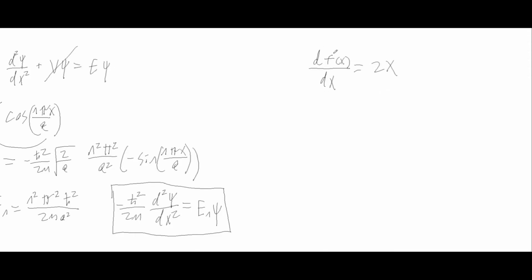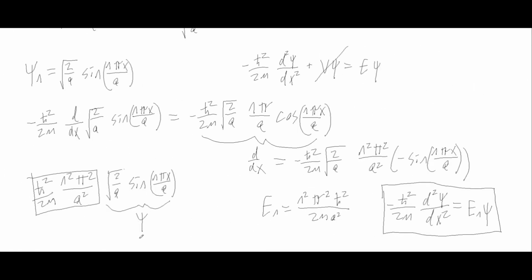Then what you want to do in differential equations is look for a function. Instead of looking for what x equals, we want to find a function. And the function that would fit this would be x squared, because the derivative of x squared is 2x. So in differential equations, you are looking for functions that would satisfy this, and this function just happens to be the one that satisfies it.